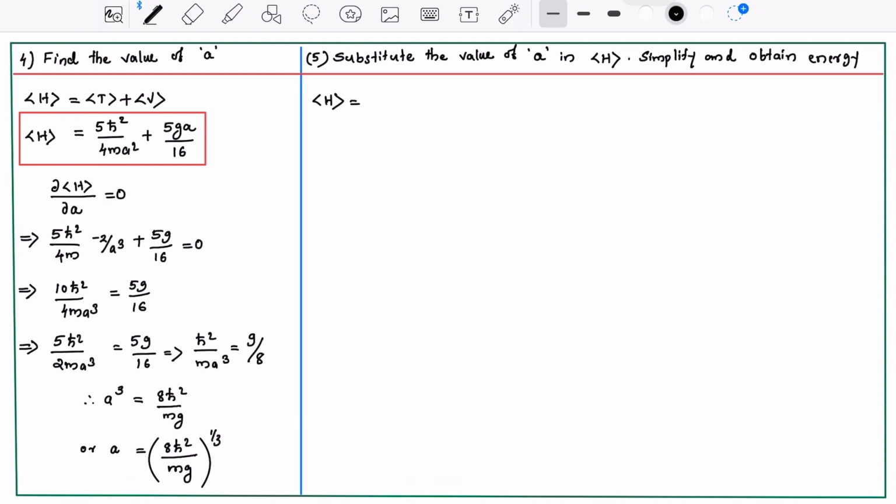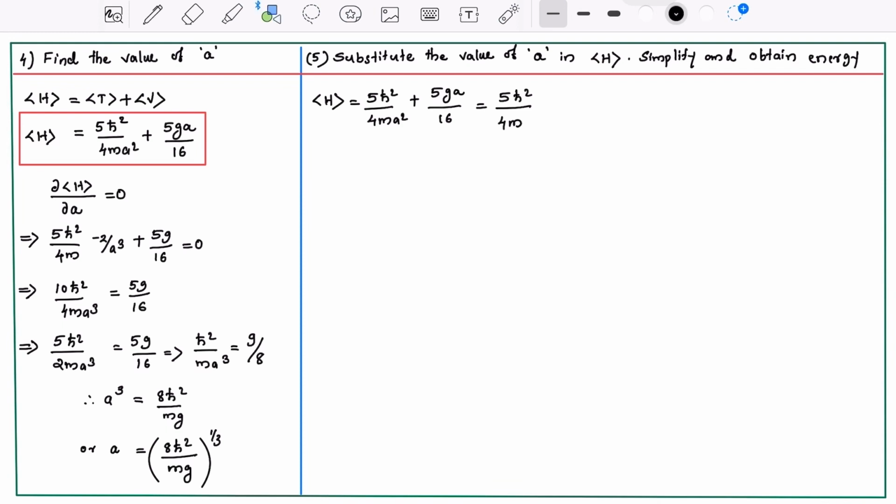Expectation value of H is 5ħ²/4mA² plus 5gA/16. Now let us substitute the value of A in this expression.